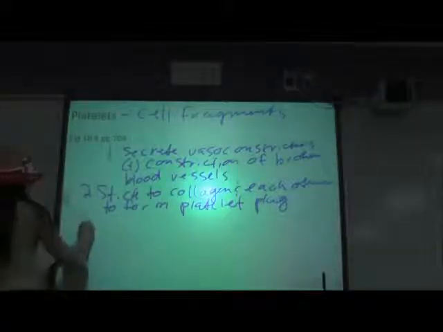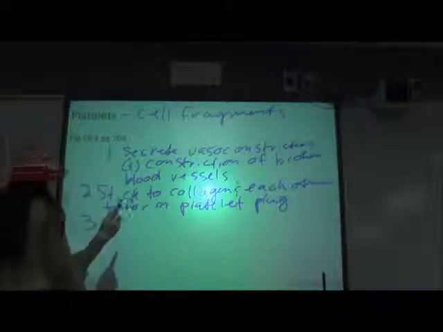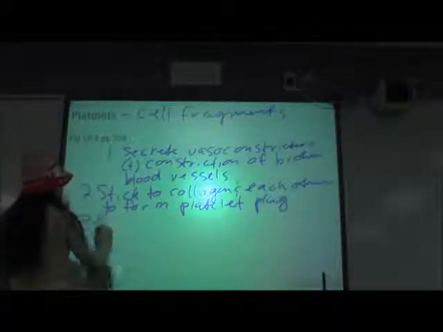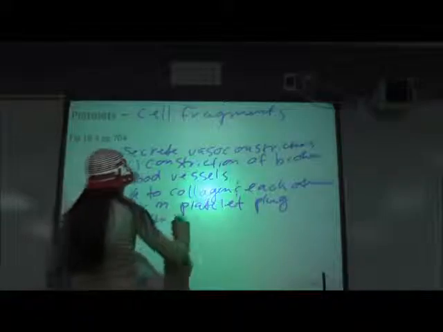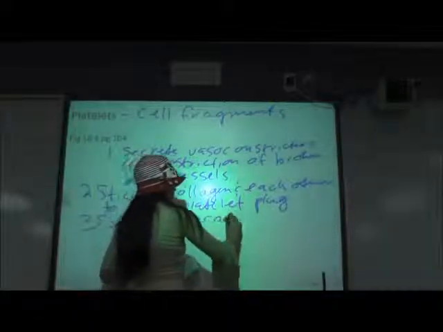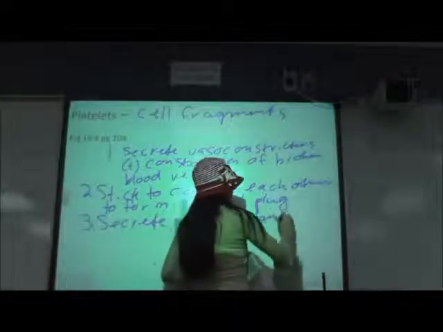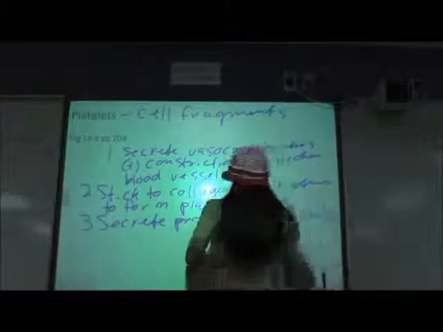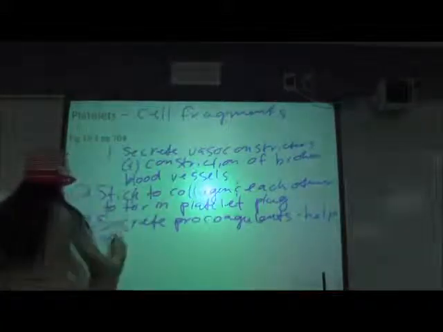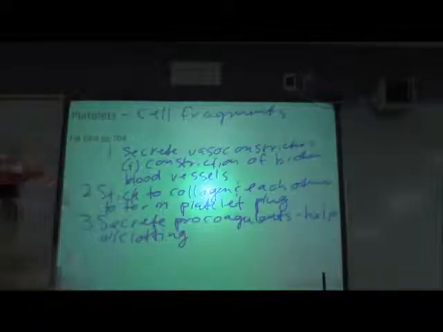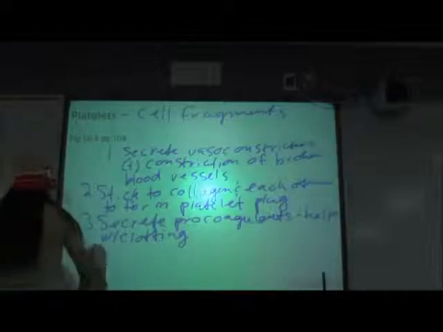The third thing that they're going to do is secrete procoagulants that will help with clotting. After you're done with the clot, they secrete an enzyme that helps to break down the clot.